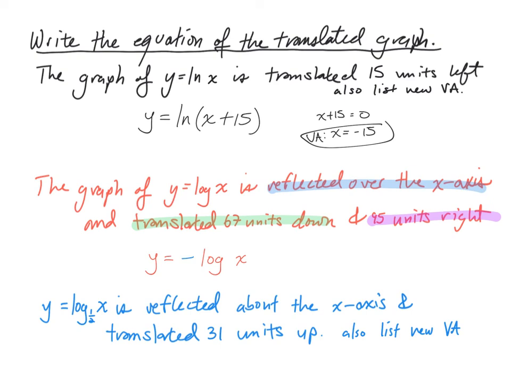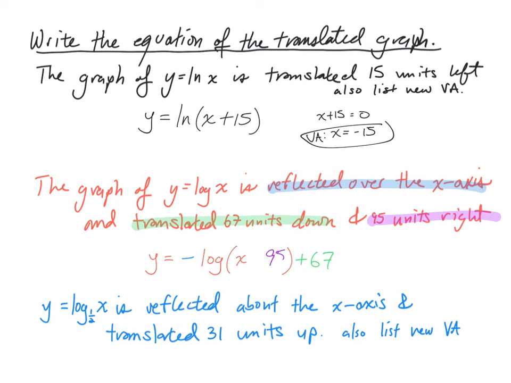Translated down 7 units, that's a vertical movement. Let's put that way out back, something like this, because that will not be grouped up with x. But a left and right movement, as you can see here, will be grouped up with x. So that 95 needs to be in parentheses with the x, so we can take the log of all of that. But what are we going to have to put in there?